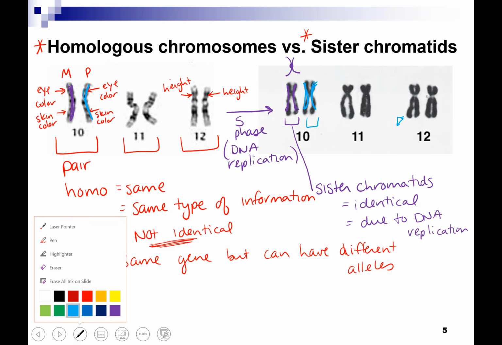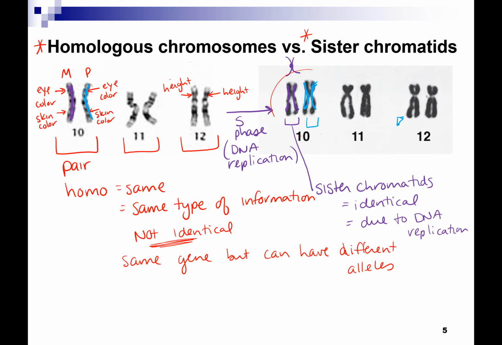But these two X's with the same amount of information are still homologous. Okay, so we just took them and we replicated them. They're still considered homologous chromosomes because they have the same type of information. They're not identical, but the sisters that were copied are identical.